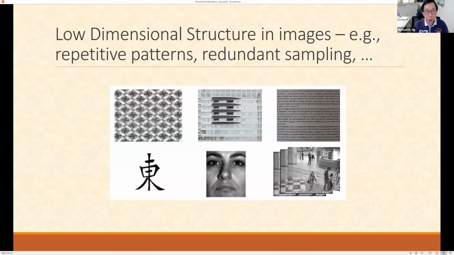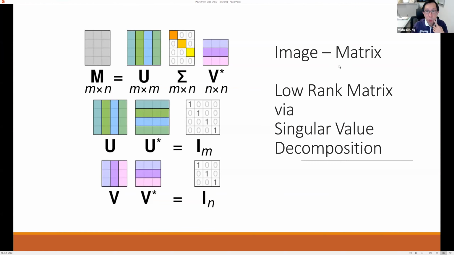So for images, we know how to do image processing on the picture. You will look at what kind of structure is in the images. For a single image, we make use of the repetitive patterns, redundant sampling, or the like. Actually, they are all related to the low-dimension structure. For an image, we know that this is a second-order tensor, a matrix.